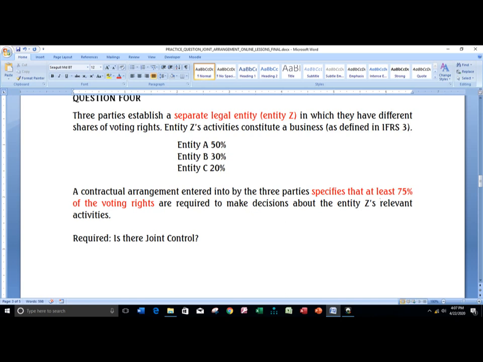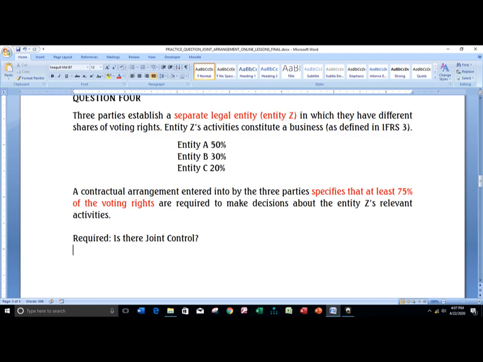The only possibility where they will meet that 75% is when A and B come together, and when they come together, they exceed 75%. So they can take decisions at the expense of C.